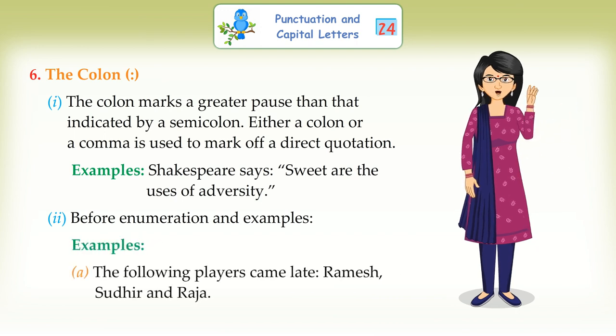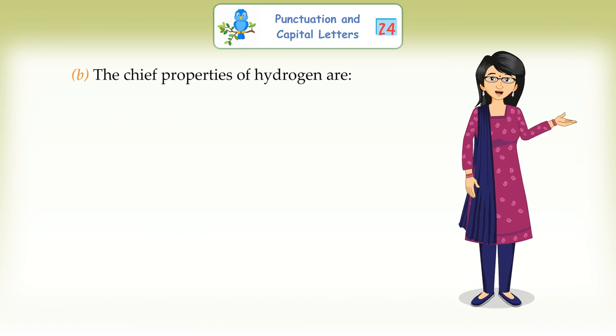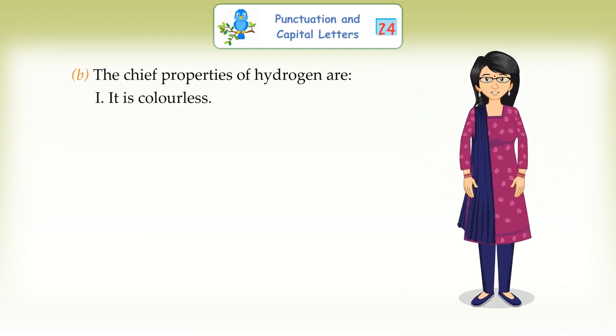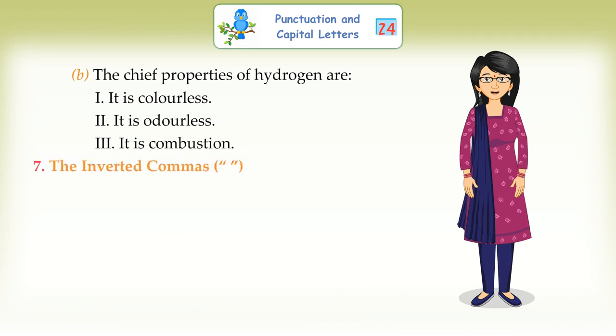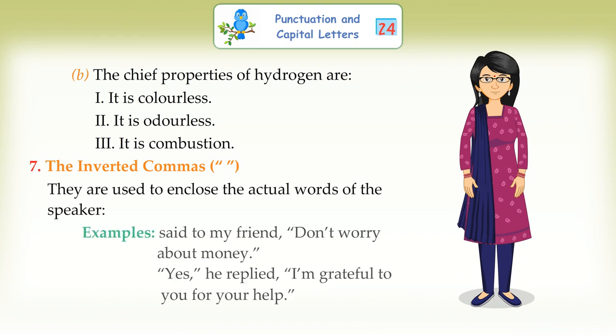Examples: The following players came late: Ramesh, Sudhir, and Raja. The chief properties of hydrogen are: it is colorless, it is odorless, it is combustible. The inverted commas. They are used to enclose the actual words of the speaker.